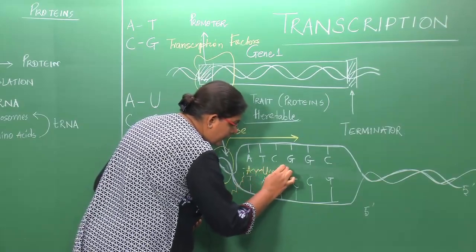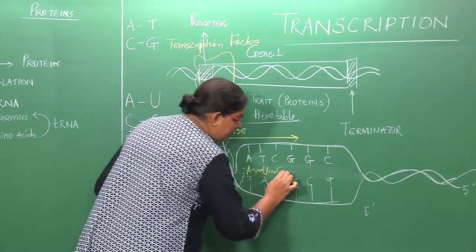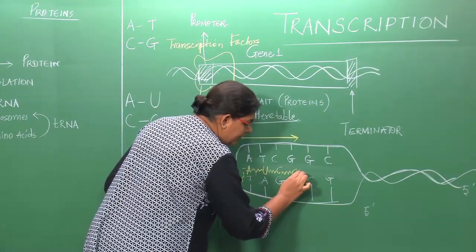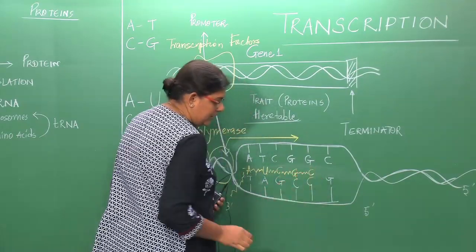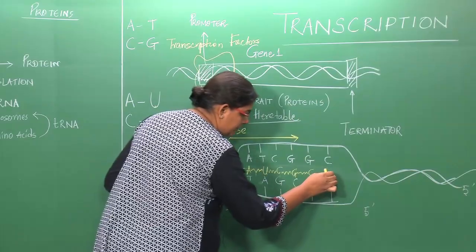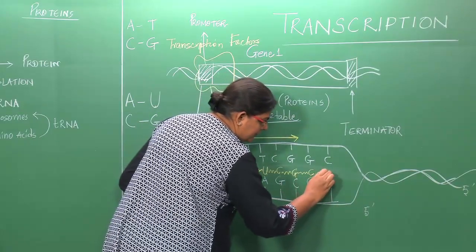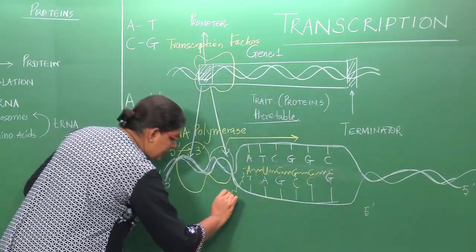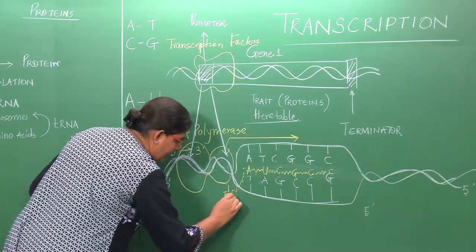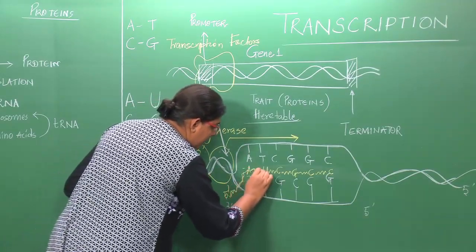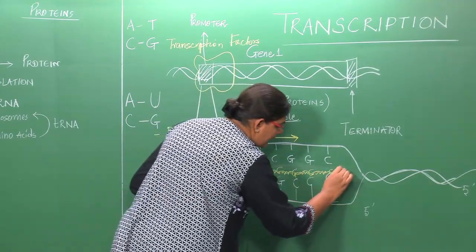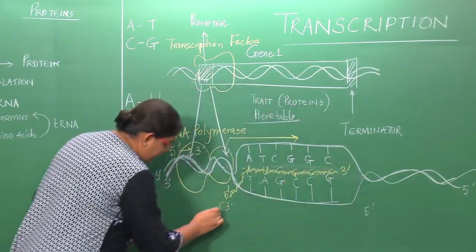Then it will form a cytosine, a guanine, a cytosine, and here since there was a guanine, it will form a cytosine again. And this synthesis is happening in the 5 prime to the 3 prime direction.